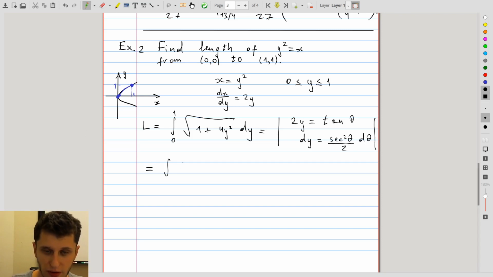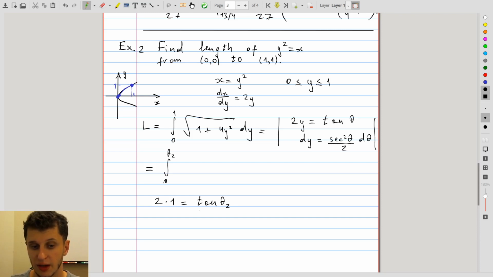So we have an integral that runs from, for y equals 0, the lower bound is obviously 0 for theta as well. But the upper bound is a bit tricky. So you see, for the upper bound, let's say we have some theta 2 here. What do we know about theta 2? Well, we know that 2 times 1 equals tangent of theta 2, right?